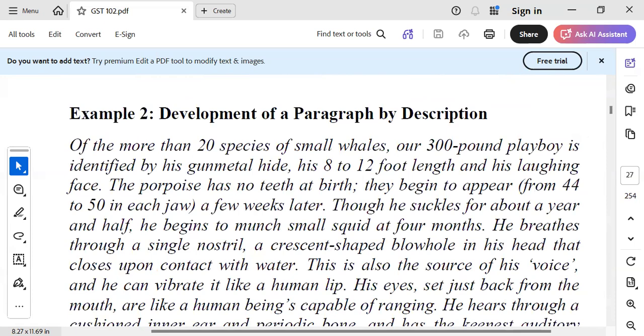Those ones are general descriptions of the purpose. You will now find out that after giving those general descriptions, the author started talking about the teeth, how it feeds, the blowhole, the eyes, the ears, the hearing ability, then the brain, the IQ. So that is what we mean by from general to specific.